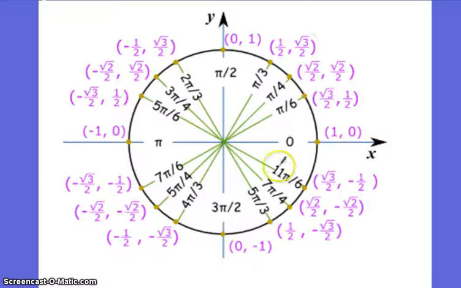Like 11 pi over 6 would actually just be negative pi over 6. And 7 pi over 4, that location would just be negative pi over 4. Same location, but we're referring to it in terms of a negative rotation.